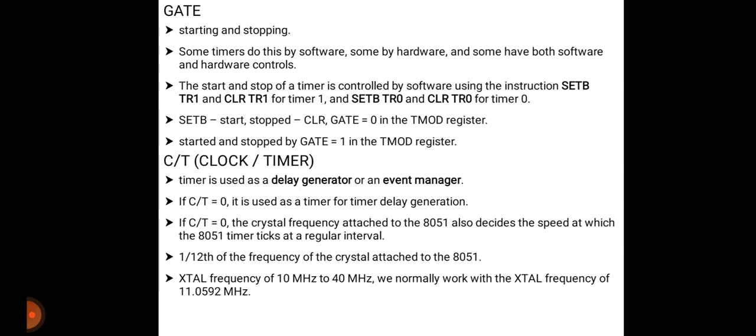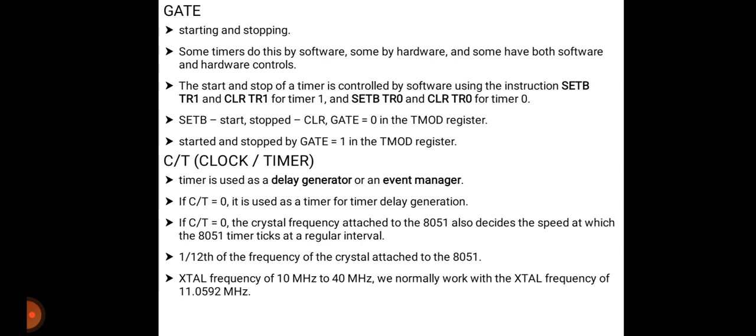If CT equals 0, it is used as a timer for time delay generation, and the clock source to create the time delay is the crystal frequency of the 8051. The crystal frequency attached to the 8051 also decides the speed at which the 8051 timer ticks at regular intervals.